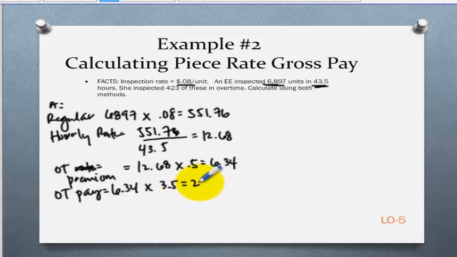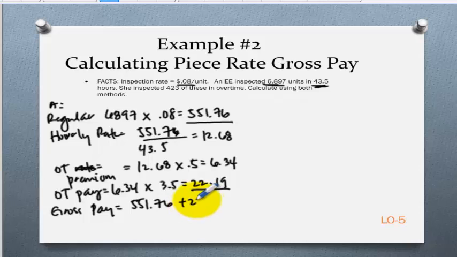So that's going to be $22.19. So my gross pay is going to be the 551.76 that I calculated up here, plus my 22.19 is going to be 573.95.